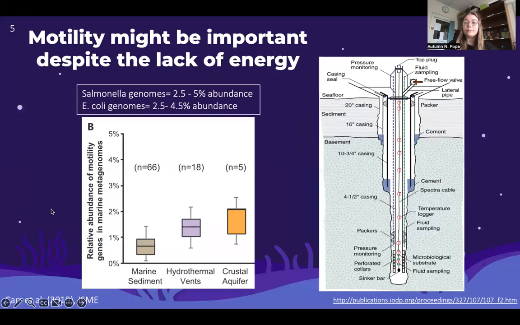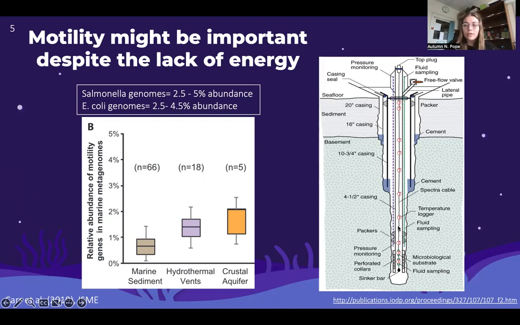Like I said, this area in the subsurface has very little energy, but as we can see from this graph, this has taken samples from marine sediment, which is what this area is, and hydrothermal vents, which are those outcrops, and then the crustal aquifer, and that is where I have been focusing my research.